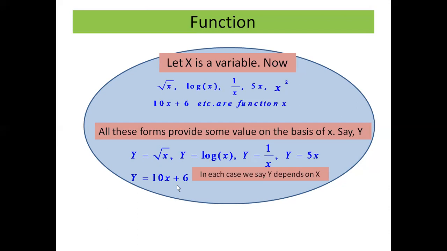So in each equation there are two variables. The original variables are y and x, and y is derived by some mathematical operation on x. So we are getting the value of y with the help of the value of x, so we say that y depends on x: y is the dependent variable and x is the independent variable.